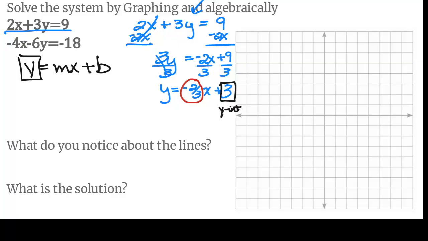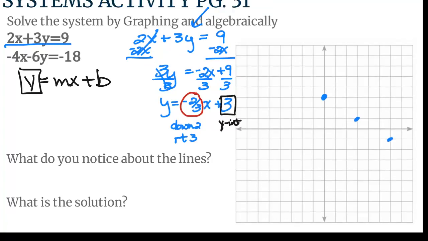So when you are graphing, you always start by plotting the y-intercept. 1, 2, 3. And from that point, I am going to go down 2 and to the right 3. Down 2, right 3. Down 2, right 3.